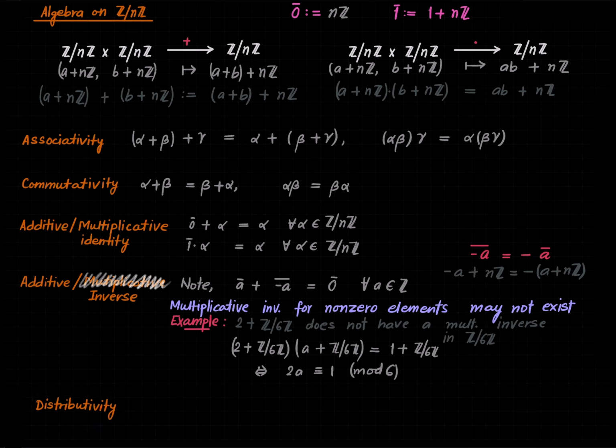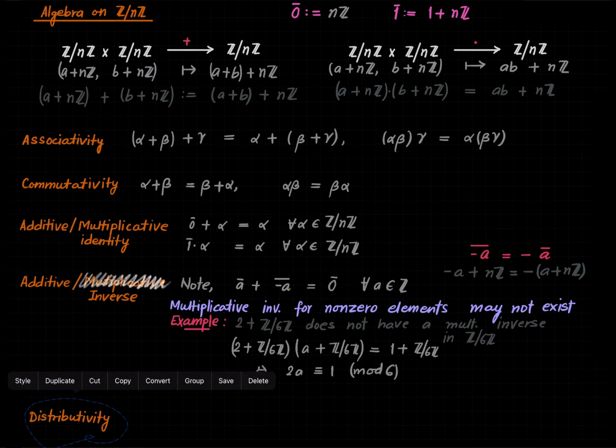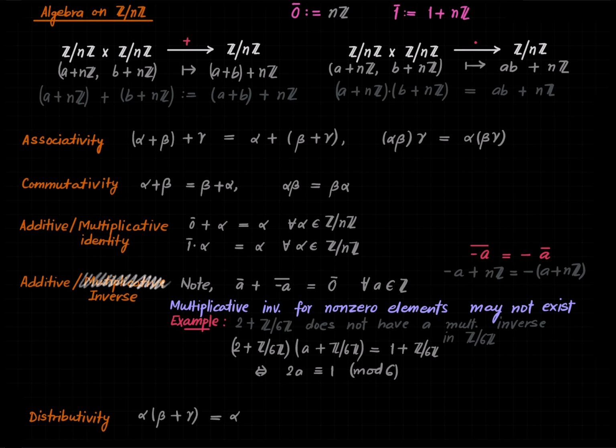This holds. This means that alpha times beta plus gamma is alpha beta plus alpha gamma for each choice of alpha, beta and gamma in Z mod nZ. This might be an overwhelming slide, but since you've done linear algebra, this kind of thing shouldn't scare you at all.